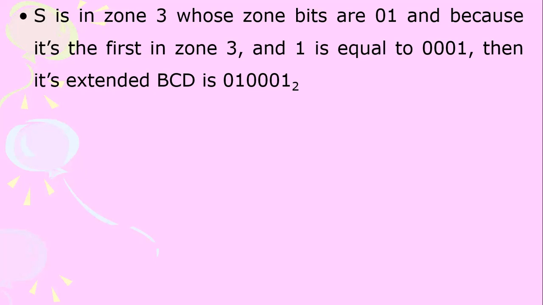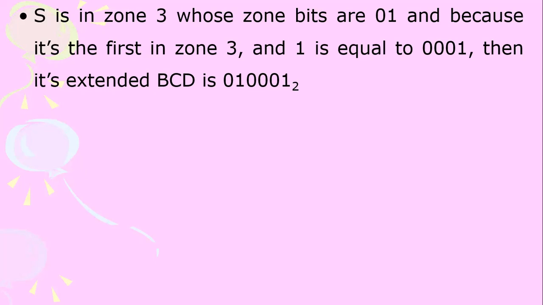Now, I am talking about the first character in zone 3 being S. In fact, the second one is T. So how would T be written? It is the same. The zone is 0, 1. So we have 0, 1. And then because T is the second character in that zone, it is equivalent to 2 in decimal.